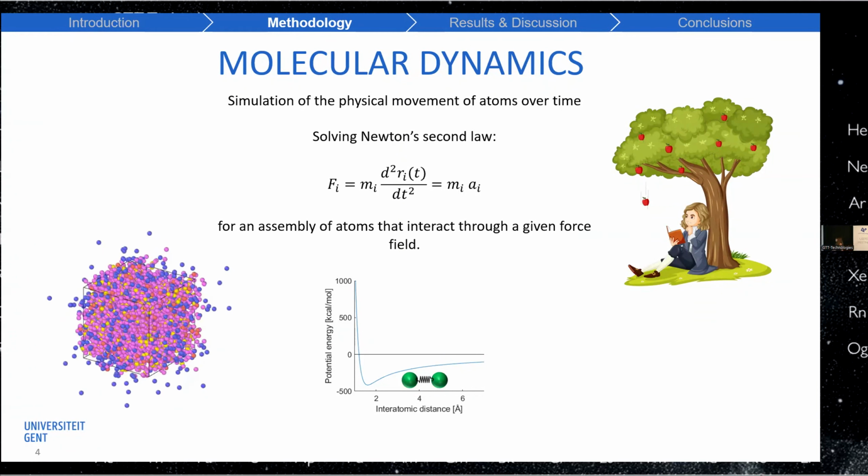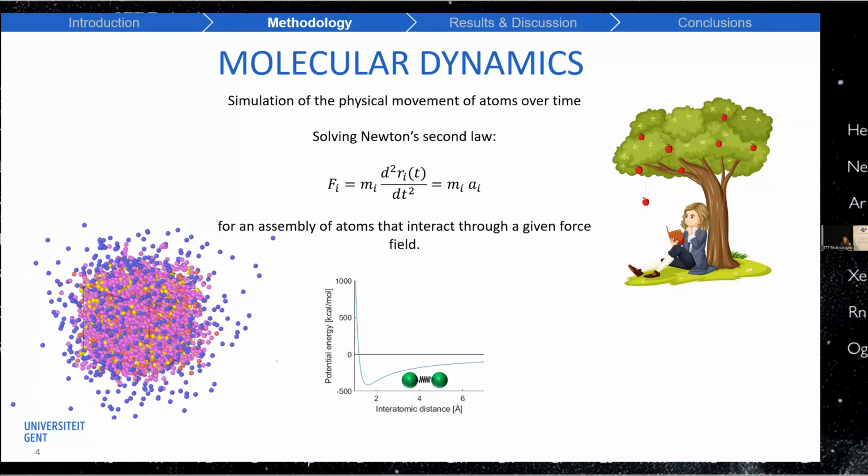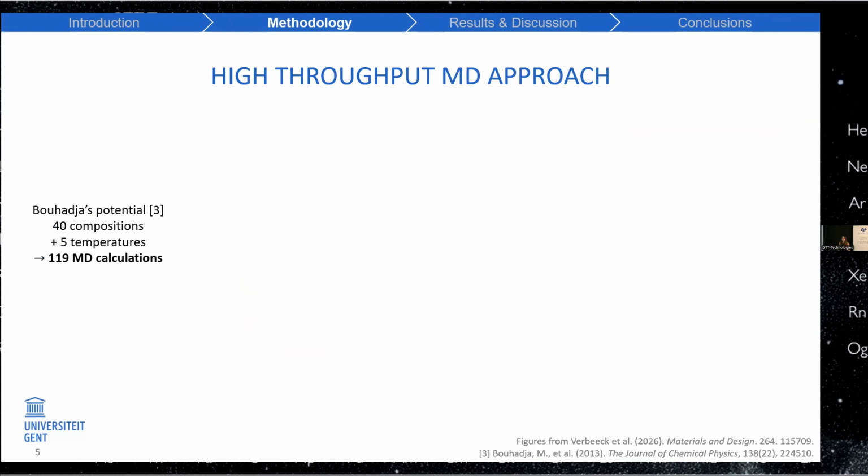And by doing these molecular dynamics simulations, we can simulate the movement of these atoms, from which we can extract the self-diffusion coefficients. So as I said, I was really interested in the force field, so we needed to do a benchmarking study on the force fields available in the literature to see which ones best describe the behavior of this ternary slag system.